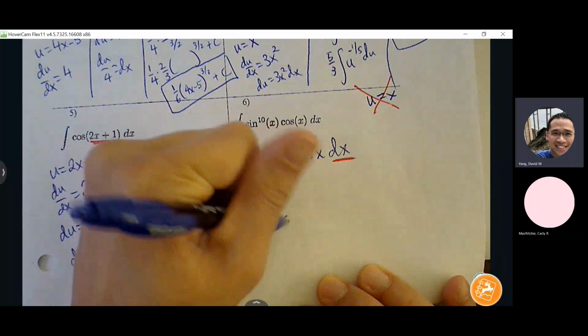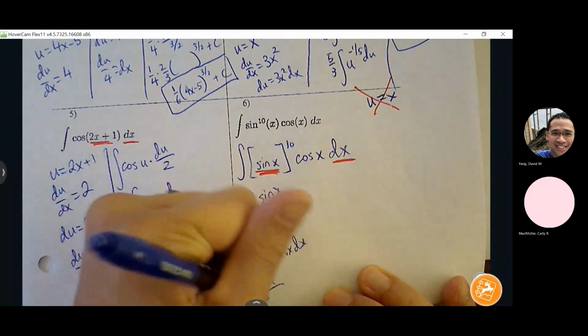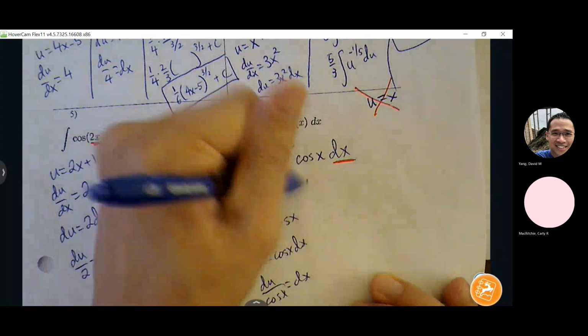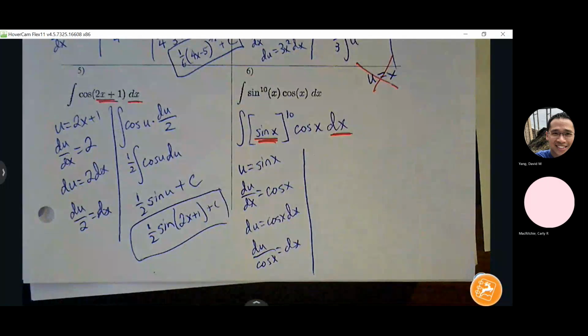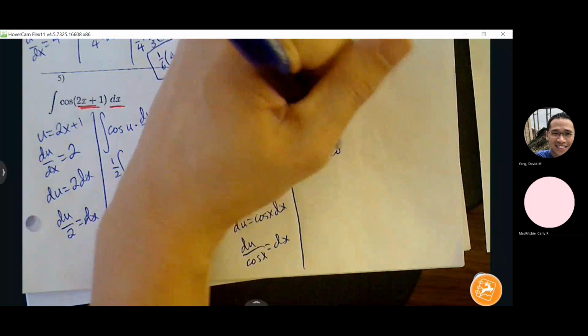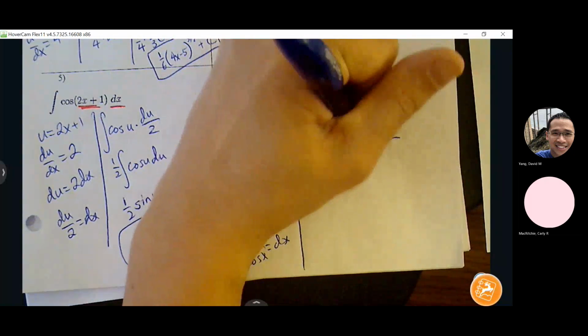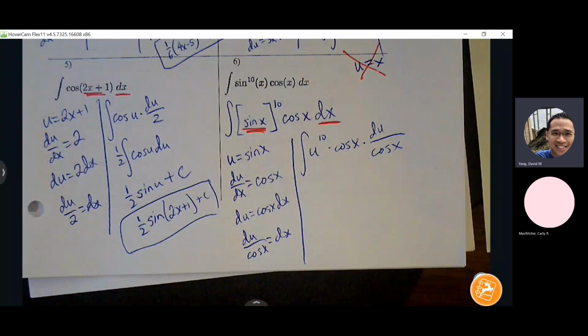Sine's derivative is cosine. Grace, we're on page 11 of the old packet. Okay, we make our substitutions. Cosine cancels out.